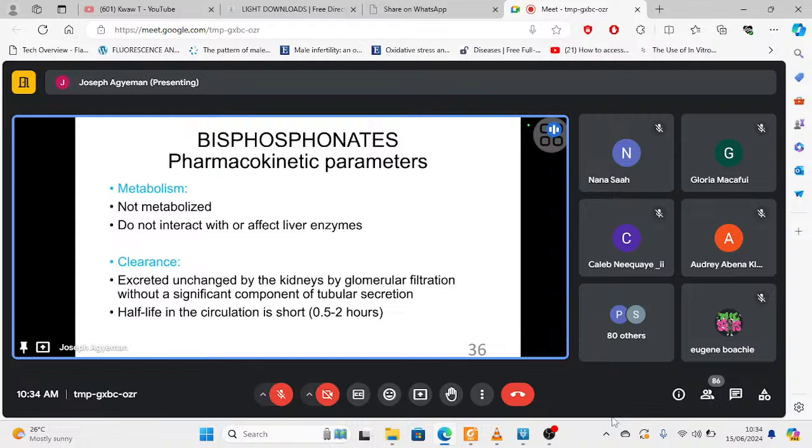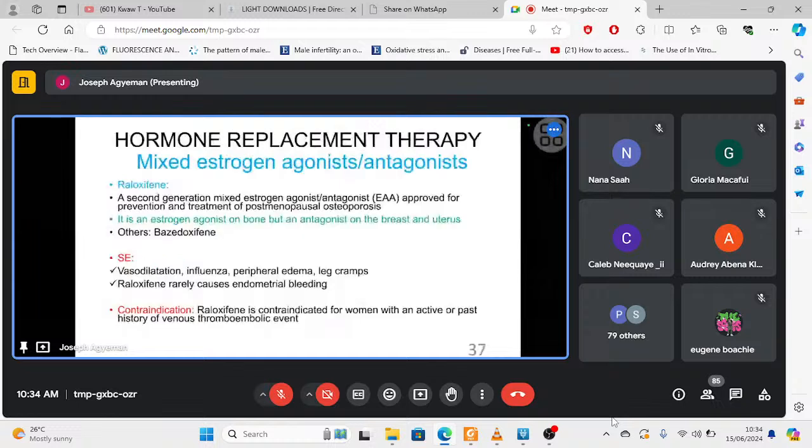These drugs are mainly excreted by GFR, meaning that renal impairment can lead to their accumulation and possibly increase their side effects. They have a very short half-life, 30 minutes to 2 hours. So that is bisphosphonates. We will look at the examples later, when we go to the indications proper.